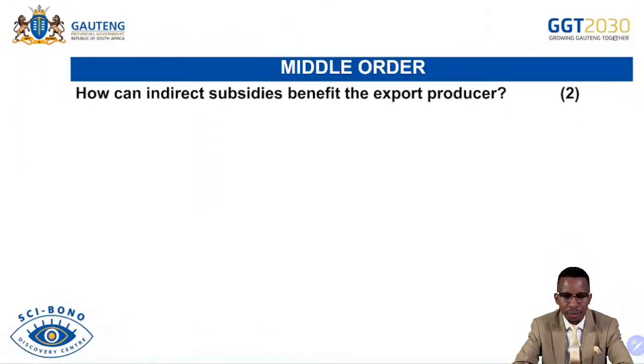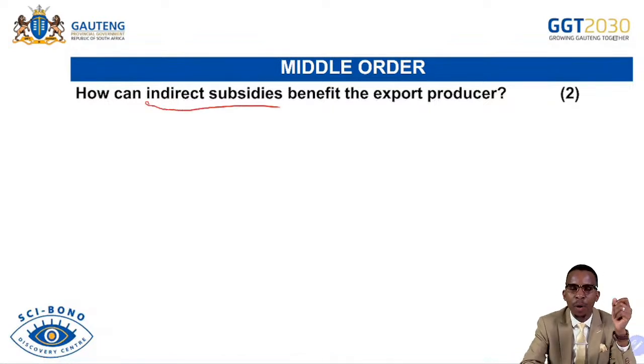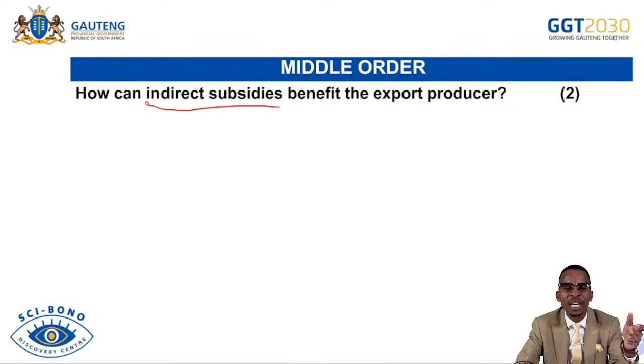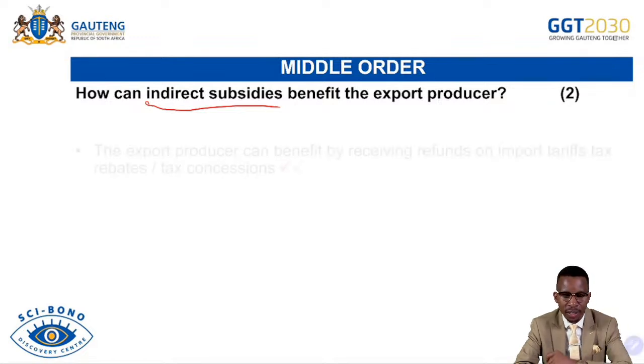And then we'll continue. How can indirect subsidies benefit the export producer? In this case, we talk about what does not include the direct cash given by the government to support export, but mainly includes non-financial support given by the government to ensure that businesses are not producing at a higher cost.